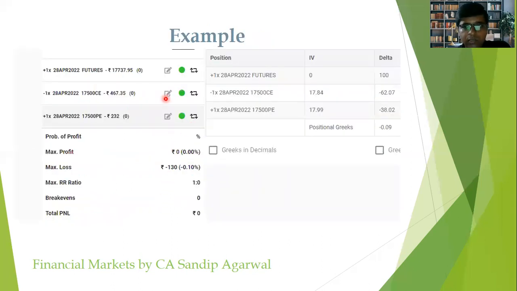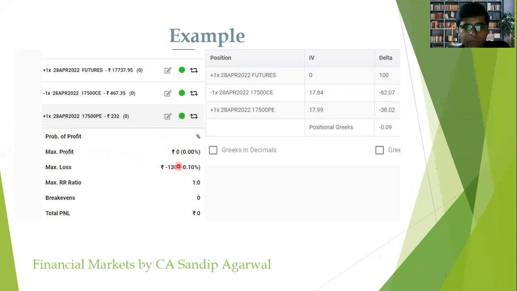Now see this example on my screen. I have bought the April 2022 Nifty contract, and at the same point of time, I have sold a 17,500 call option and bought a 17,500 put option. Now you can see in the below screen the payoff graph.